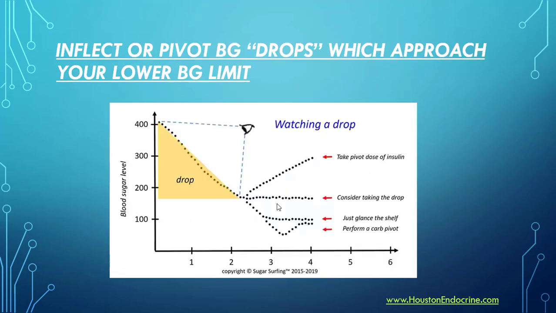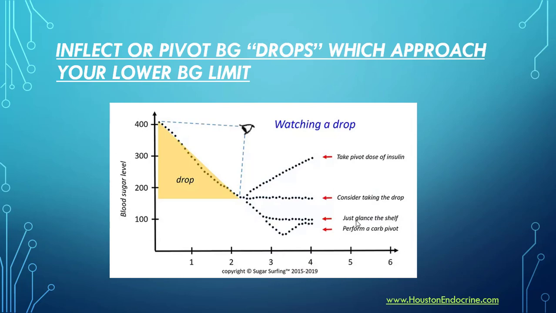So patience becomes important. Over an hour or so, you want to watch this as long as you're not in danger of running too low or getting a symptom from that. At some point after the drop, while you're watching it, you're going to be looking for an inflection when you're arriving at your lower blood sugar limit, which again is defined by you and your doctor.